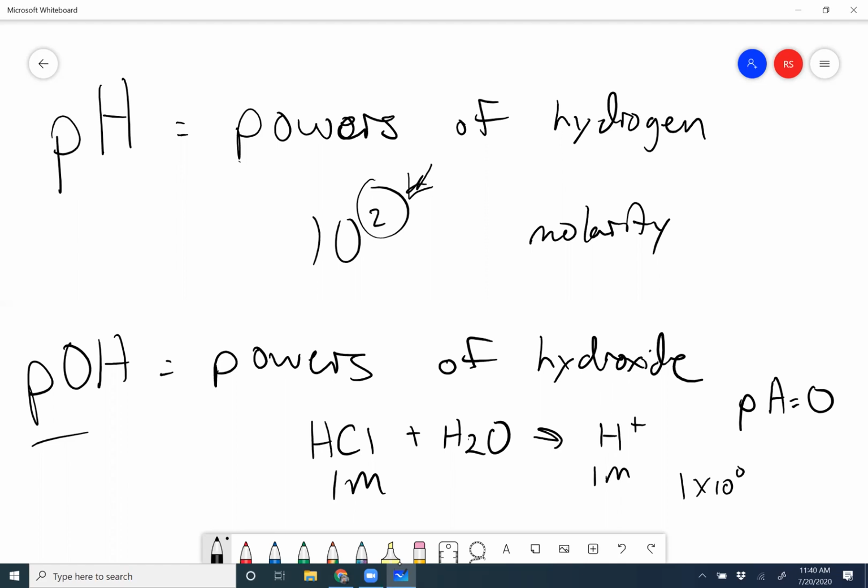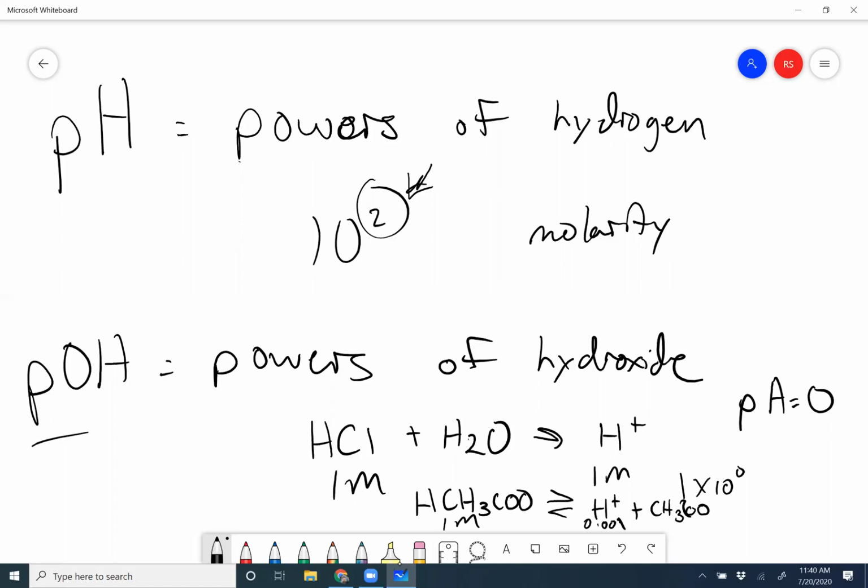But if you have something like acetic acid, its reversible reaction will not produce very much hydrogen. And so if you have like 1 molar of this, you might only have like 0.001.